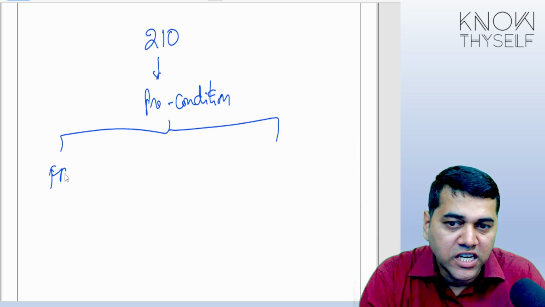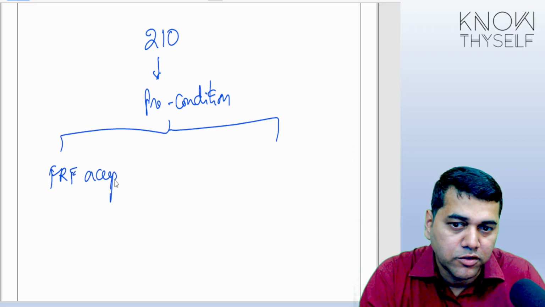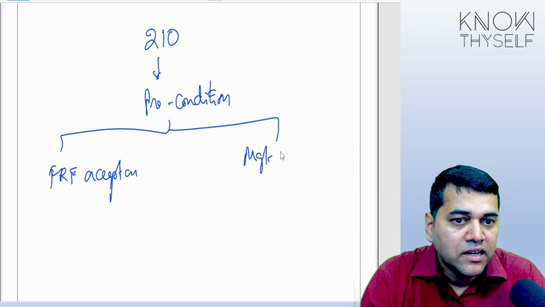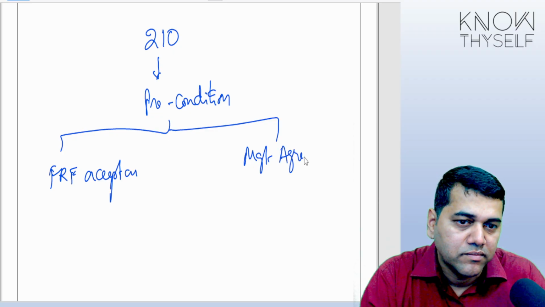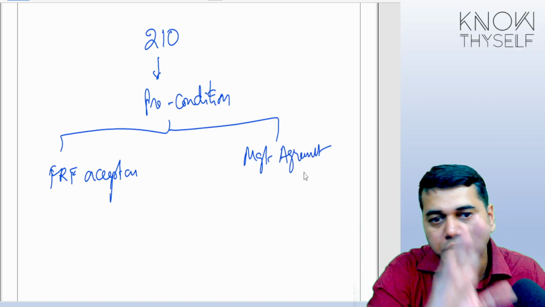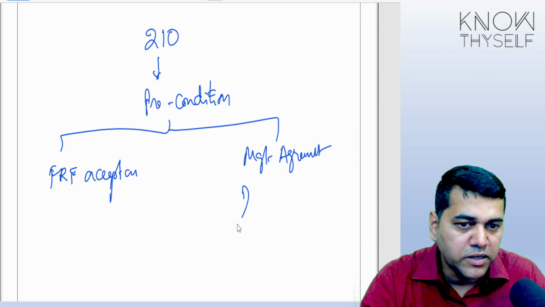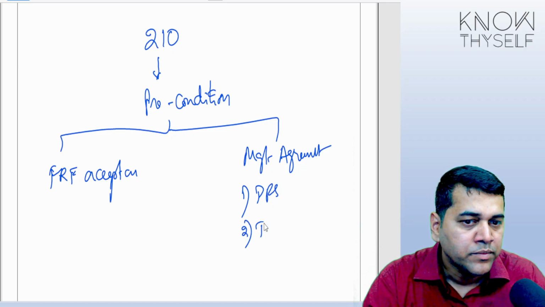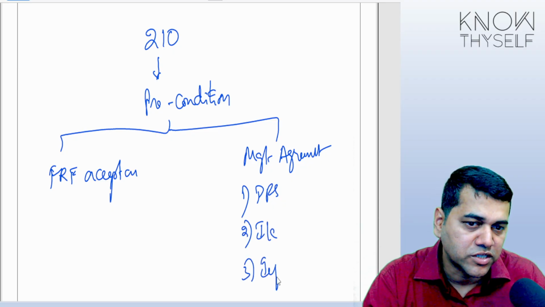One, the financial reporting framework is acceptable, which you have to evaluate, and two, management has agreed in writing. They have agreed in writing to fulfill their responsibility. What is their responsibility? Preparation of financial statements as per the acceptable framework, internal control, and information.